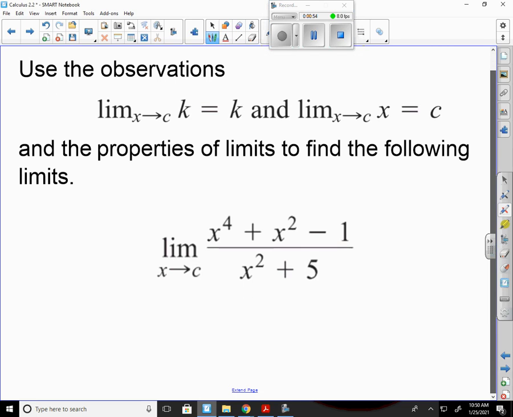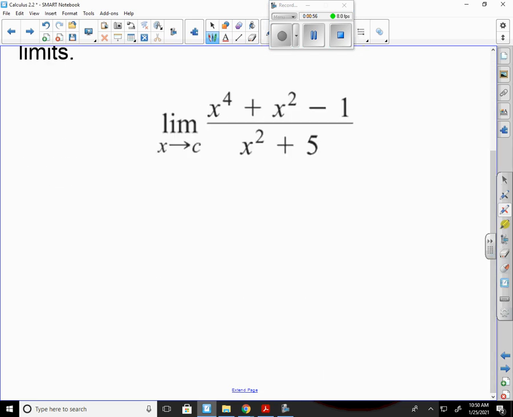But our limit laws told us that with sums and differences and when we divide, we can just use our rules of sums and differences and break it down into smaller pieces. So I'm taking the limit as x approaches c of the top part, one piece at a time.